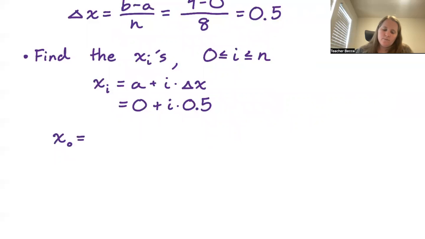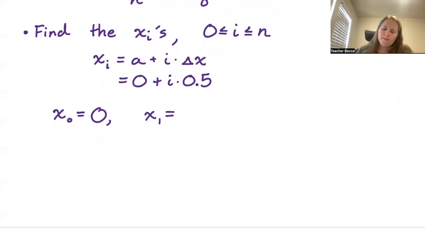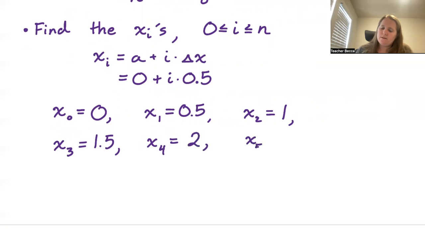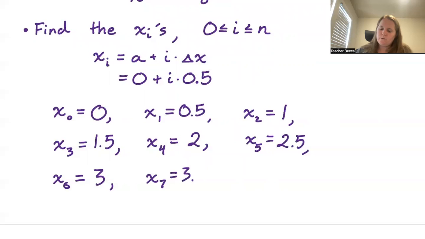So we have x0 is 0, x1 is 0.5, x2 is 1, x3 is 1.5, x4 is 2, x5 is 2.5, x6 is 3, x7 is 3.5, and x8 is 4.